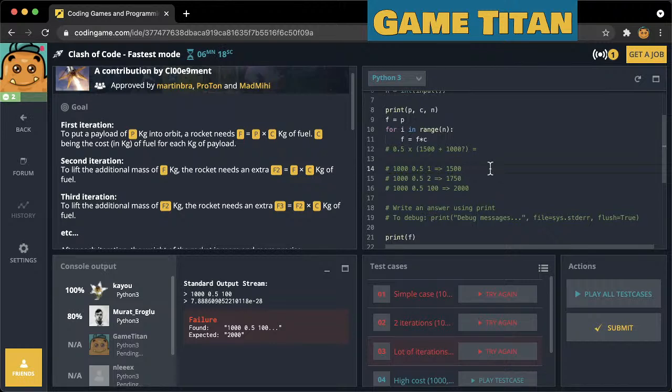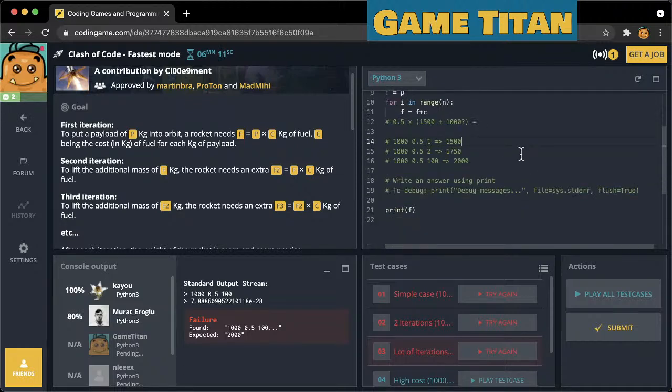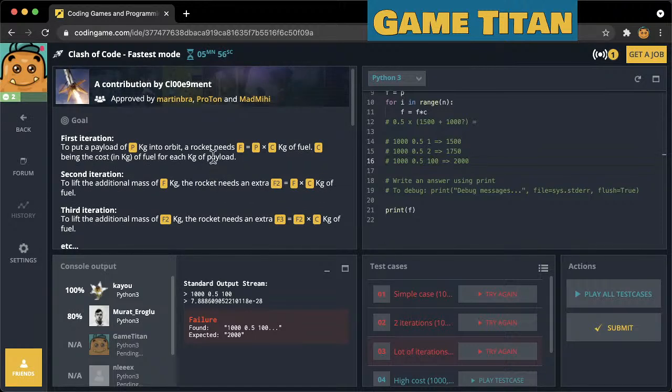So this looks like it's... I should use round. Are you talking about for the prime number problem? These examples are not written in the problem.